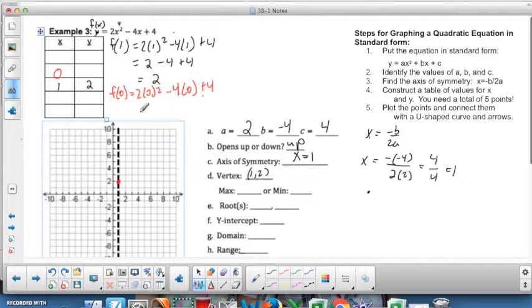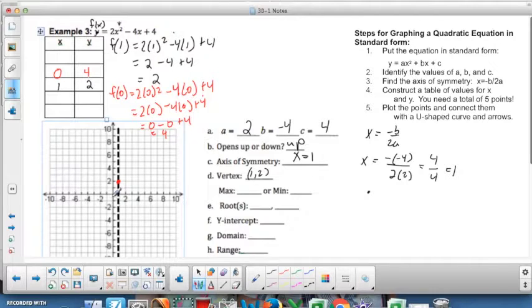Okay, 0 squared is 0. And then I've got 2 times 0 is 0, 4 times 0 is 0, and then plus 4. The nice thing about working with 0 is it tends to make everything disappear and leave you with nice, easy to work with problems. So that means that the y value when x is 0 is 4.